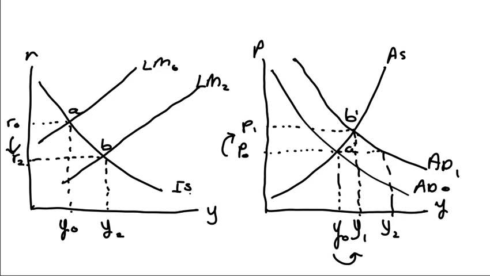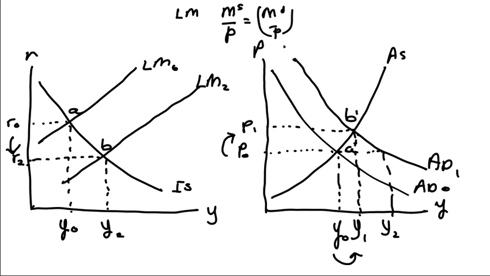Okay, now if we see here, price has increased from P0 to P1 due to the increase in aggregate demand. Now when price increases, if you recall back, LM is basically money supply equals money demand, isn't it, in real terms?